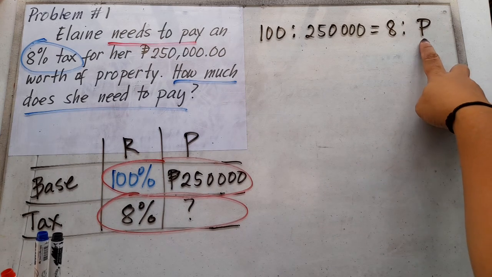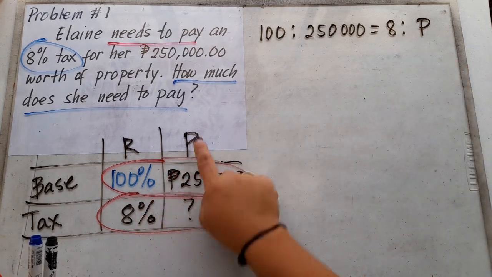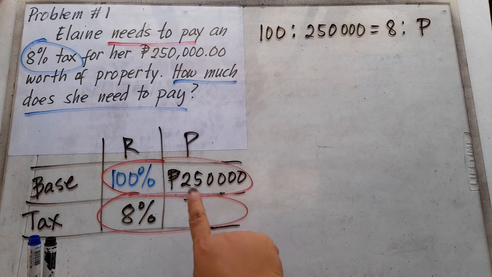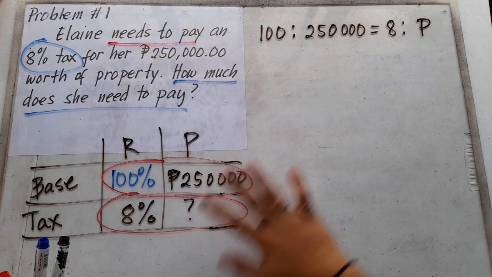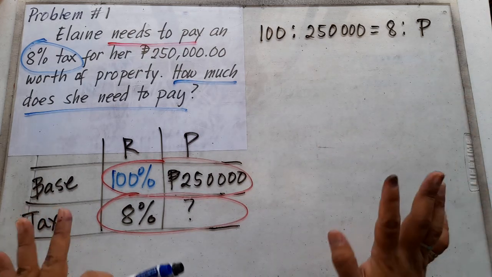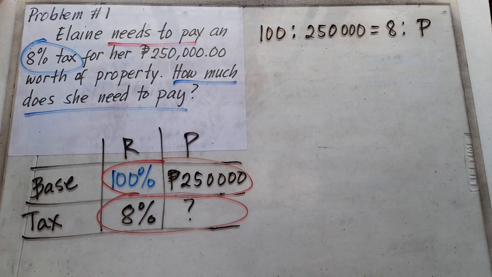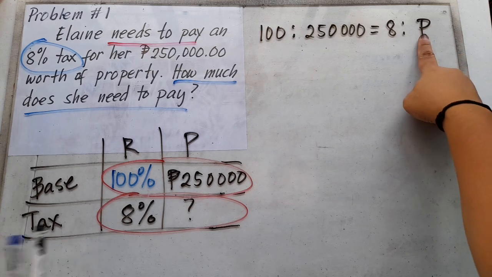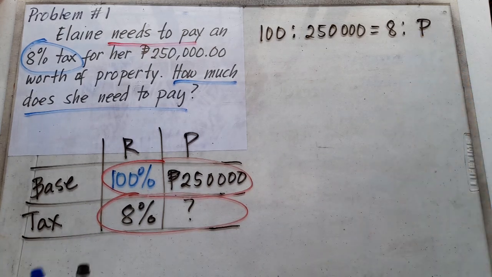Okay? So, any letter will do. But dahil doon sa table natin, it's under P, so I used P. But if you want other letters for that, walang problema. Malaya kayong gumamit ng kahit anong letter ng English alphabet just to denote tax. Okay? Basta siguraduhin nyo huwag kayong malilito.